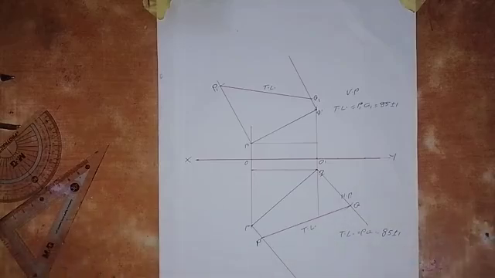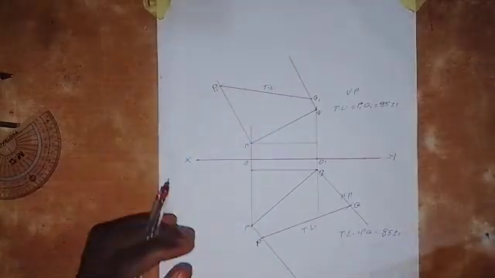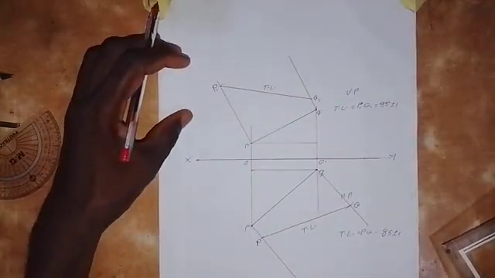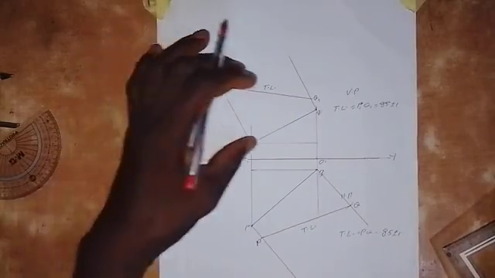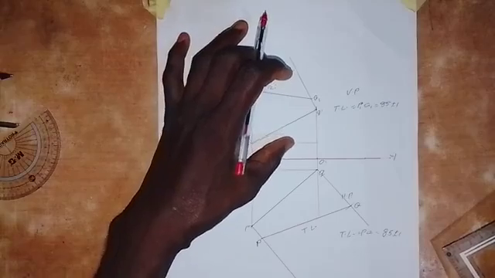Now let's look at how we can determine the true inclinations to the horizontal and the vertical planes. First, the true inclination to the vertical plane. In this trapezoid method, the angle we are going to get here will be the true inclination to the vertical plane.